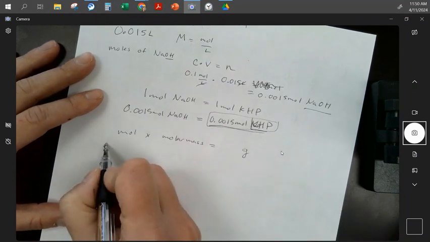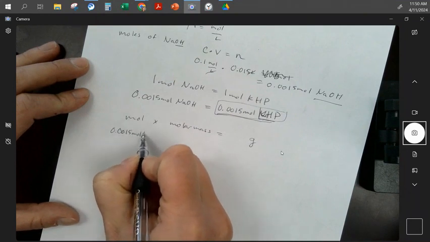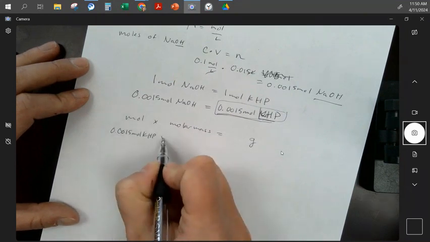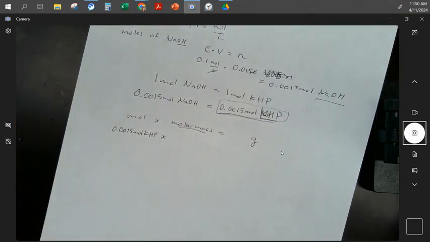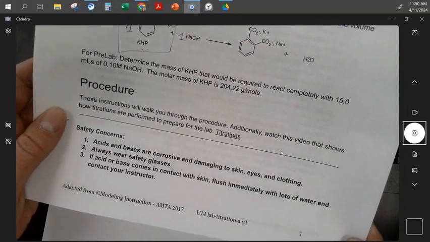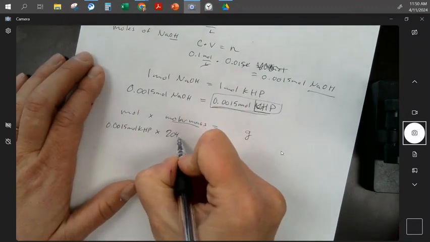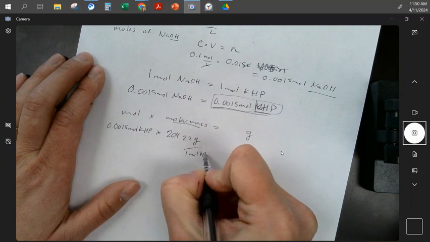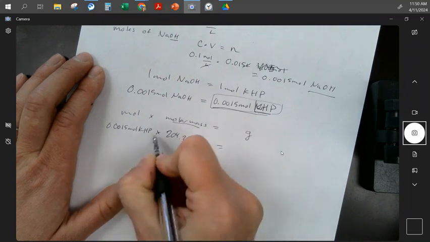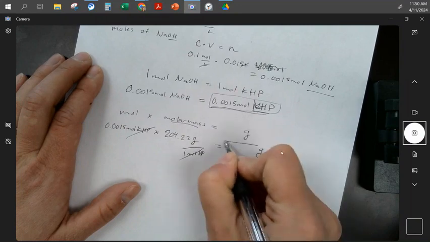So we have moles times the molar mass, and that was in our instructions somewhere: 204.22 grams for 1 mole of KHP. So that will tell us how many grams.